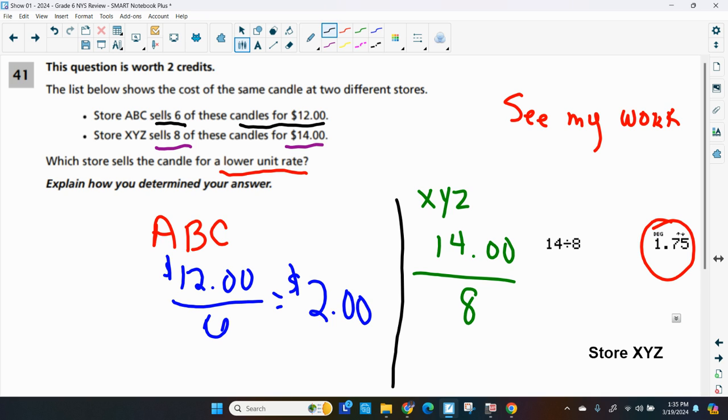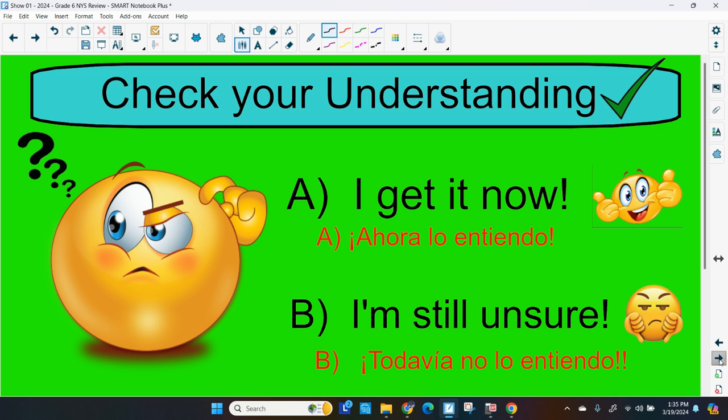That'll take some time to write up, but I'm not going to write all that, and I'm going to even write see all of my work in case they want to get funny. All right. Let's move on. Hopefully you understand what's going on. If you don't, write a comment on the screen, and I will get back to you.